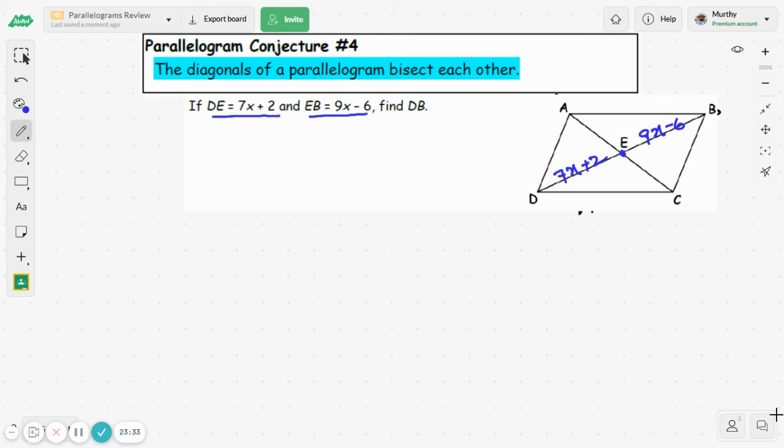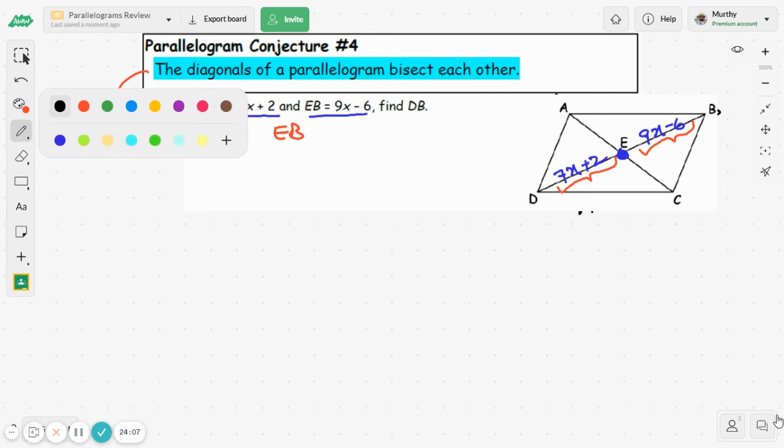Just now I explained that in a parallelogram the diagonals bisect each other, which means the length of DE equals EB. The same concept I am using again: bisecting each other means they divide each other into equal parts. Therefore, the length of DE equals EB.